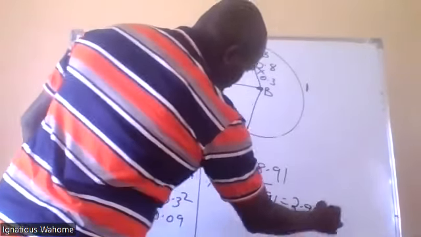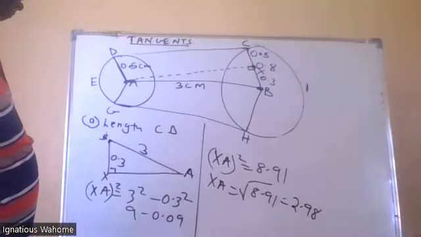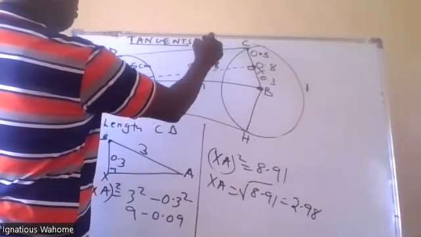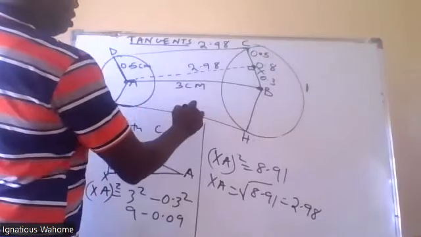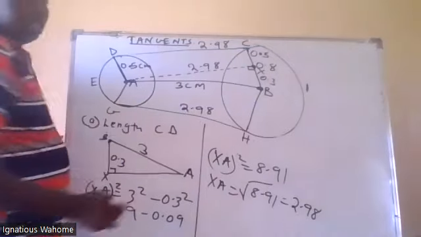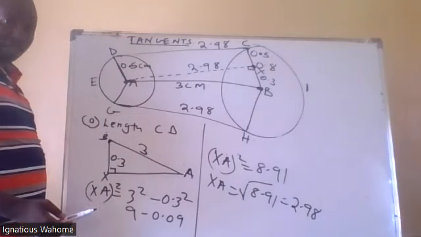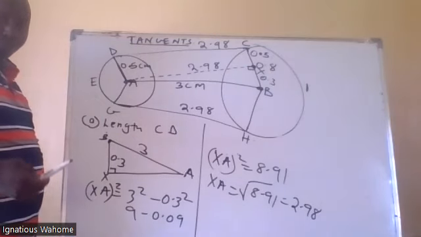So the length from here to this point is 2.98. It's the same as this 2.98, which is the length of that belt. Is that okay?